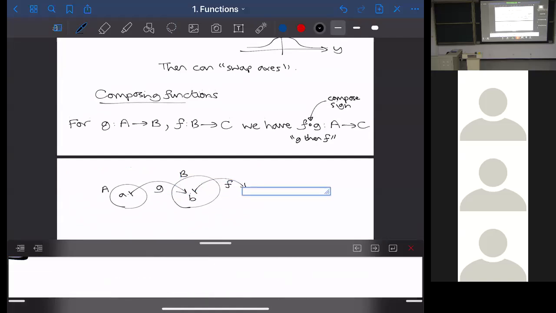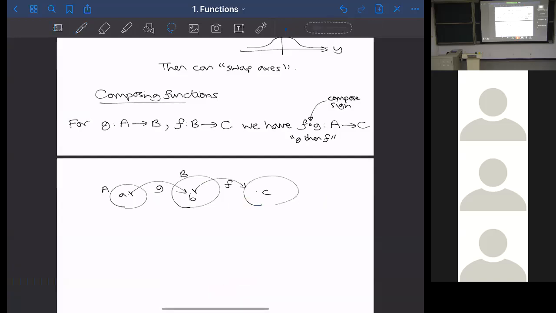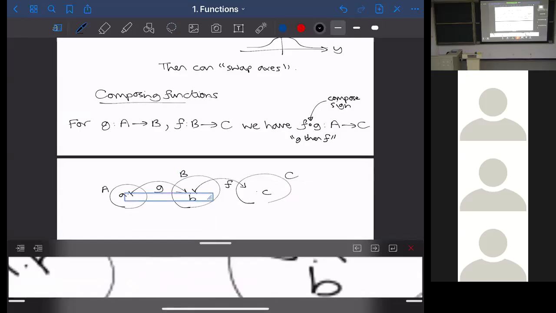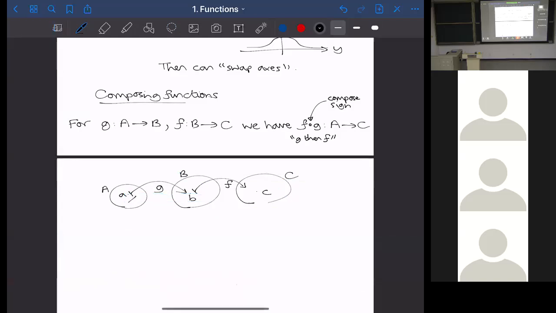And then my function f goes to a set C with an element c in it. But the function g then f goes from A to C.